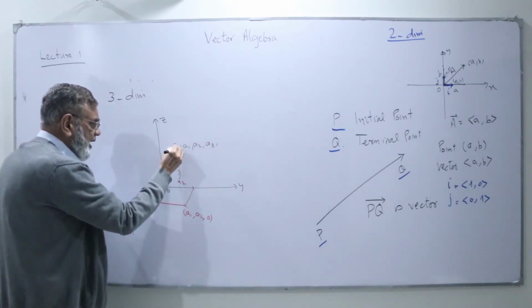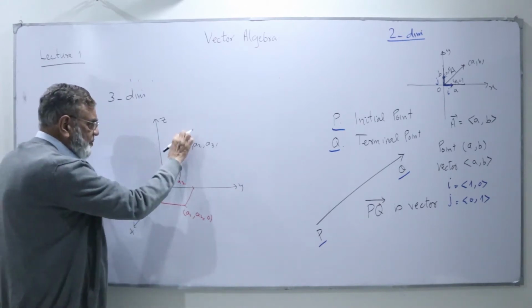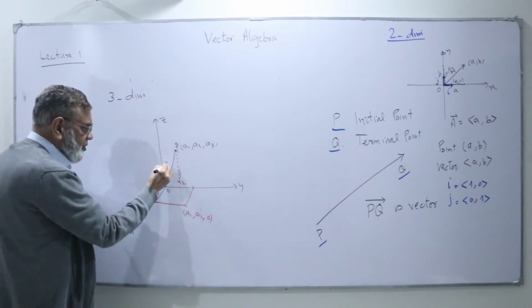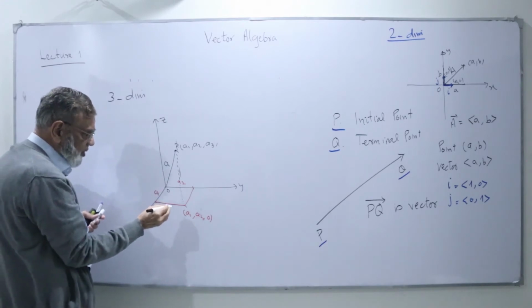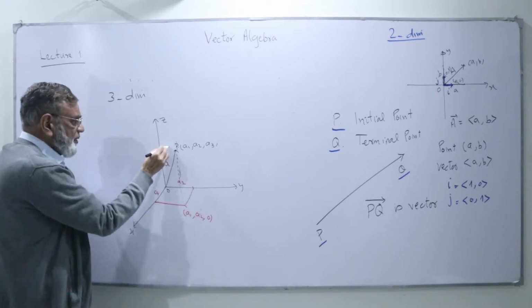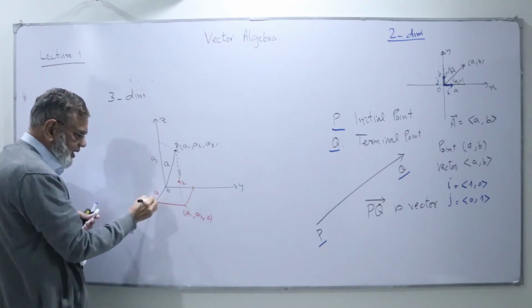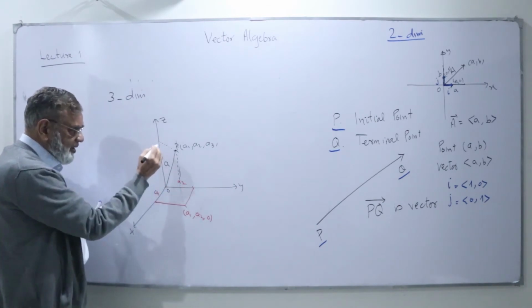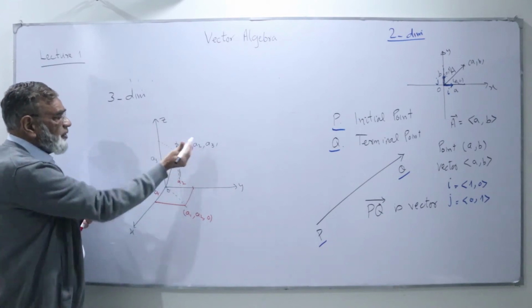I join this point. This is my origin O, this is my point P, and this is my vector OP, which I denote by A. Here a1 is the length along the x-axis, a2 the length along the y-axis, and a3 the length along the z-axis. So I've taken this point above in 3 dimensions.